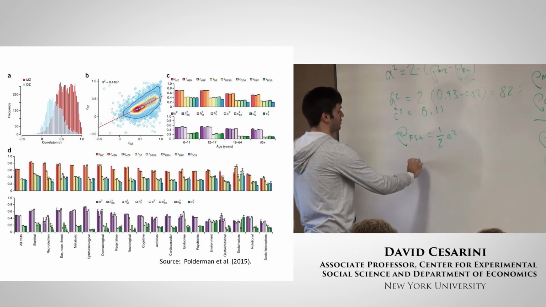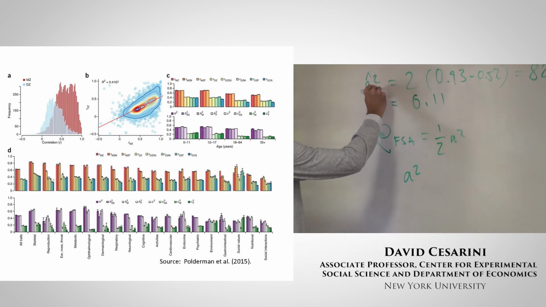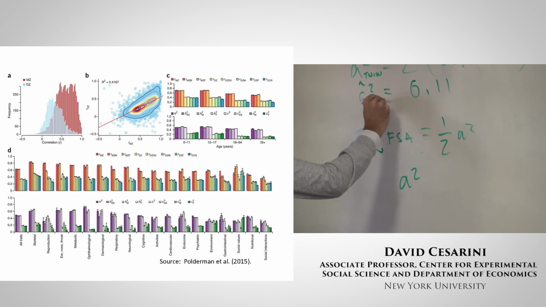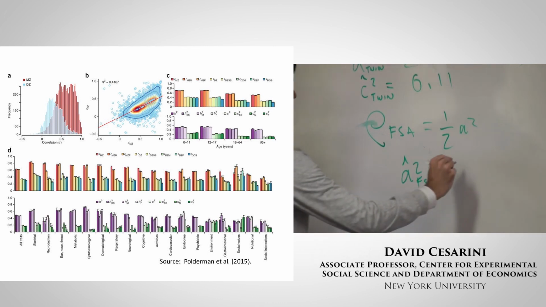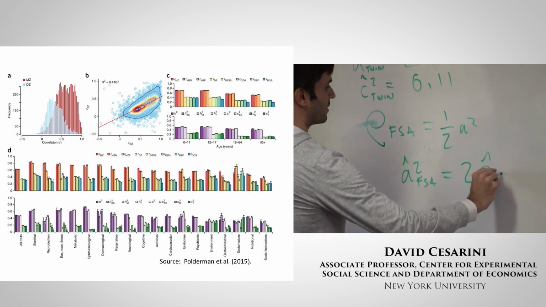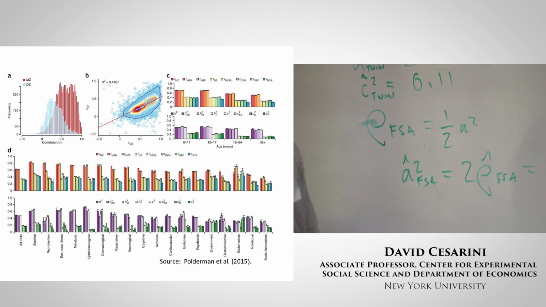So our estimator, maybe I should call this F, is going to be twice rho hat FSA, and that's going to be equal to 0.92.